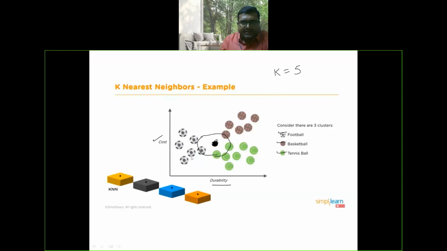Now here out of 3 categories, the more number of balls associated with this particular ball is tennis ball. So this particular ball can be assigned to the tennis ball model, like that.